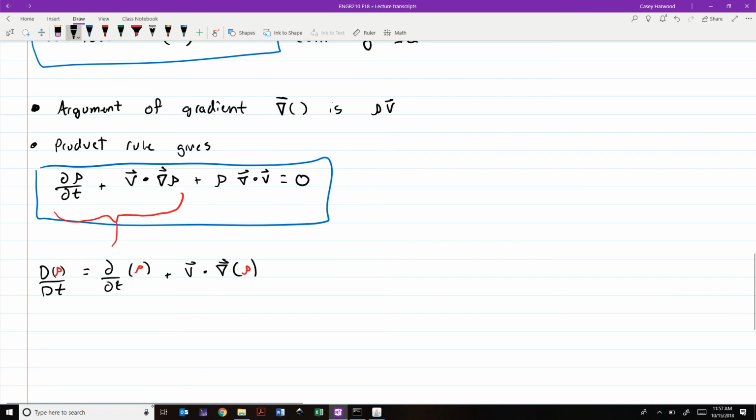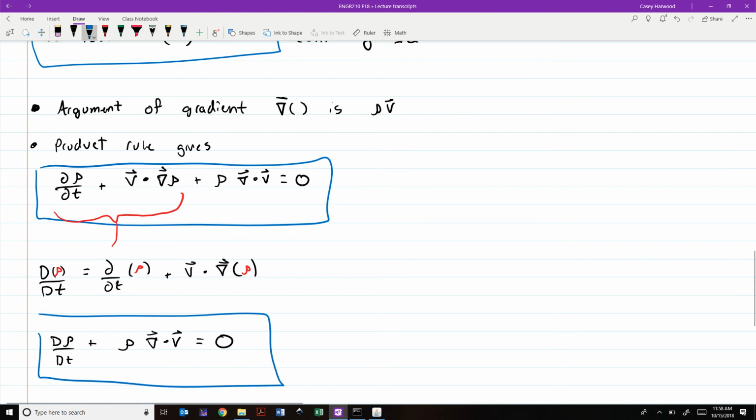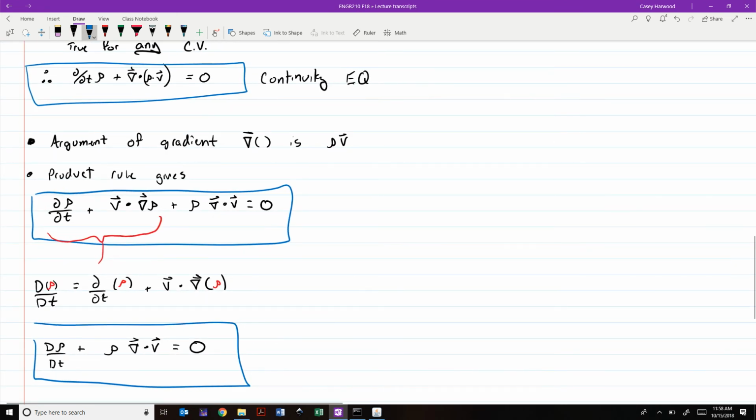So the most compact way of writing this then is that the material derivative of the density plus v dot grad rho plus rho, there we go, grad dot v is equal to 0. So again, all three of these boxed equations are identical. It's just in how we choose to slice and dice the terms.